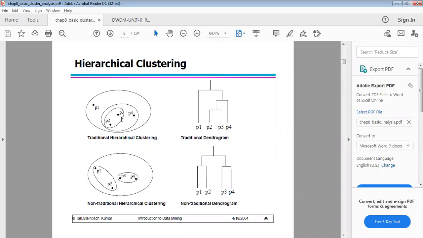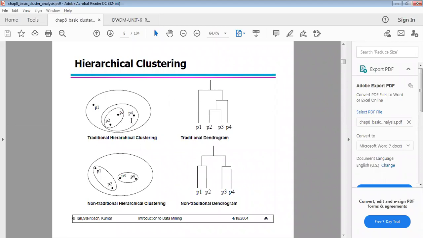In it we have 4 data points: P1, P2, P3, P4, all in one cluster. In P1, the data point and the remaining others are represented as one branch from the root.